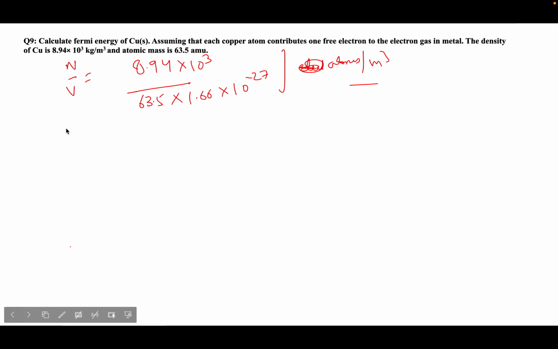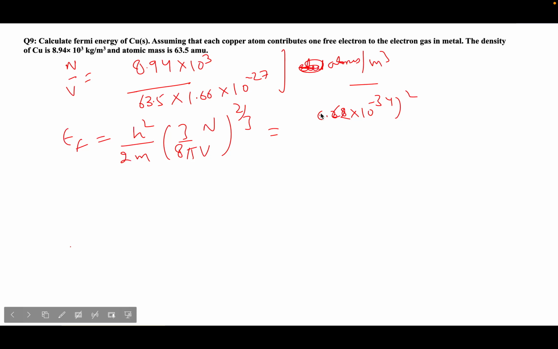EF was h square by 2m into 3 by 8 pi times N by V to the power 2 by 3. So this is equal to 6.62 into 10 to the power minus 34 squared, divided by 2 times the mass of electron, 9.11 into 10 to the power minus 31.